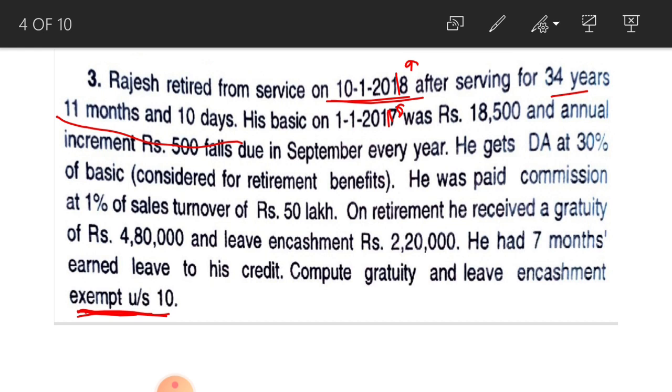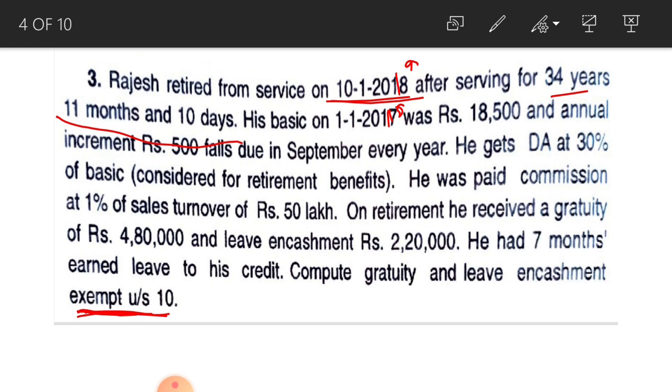That amount he gets for 4 months in case of calculation of gratuity because this increment falls due in the month of September. So, he is getting increment in the month of September, October, November and December in case of calculation of a gratuity amount, and in case of leave encashment, he is receiving this increment for 4 months and 10 days because you have to consider till the date of retirement in case of leave encashment.